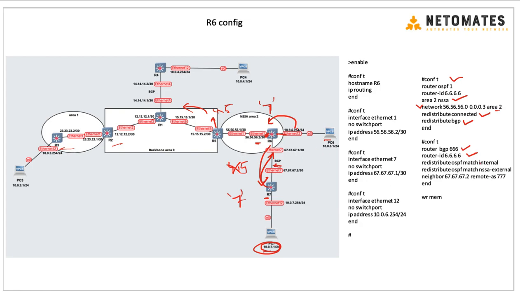For that we are redistributing OSPF routes, and we are configuring the neighborship so that routing updates will go there. This command is to redistribute whatever routes R6 learned through the OSPF process, we are injecting into BGP, so that R7 will receive those routes via BGP.